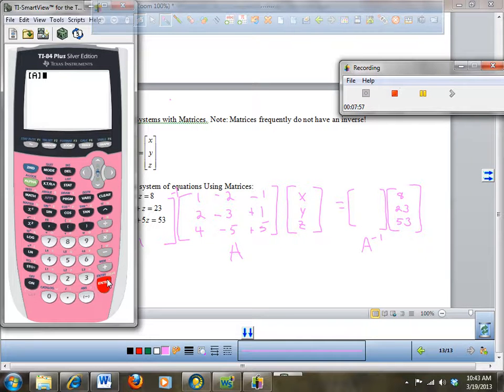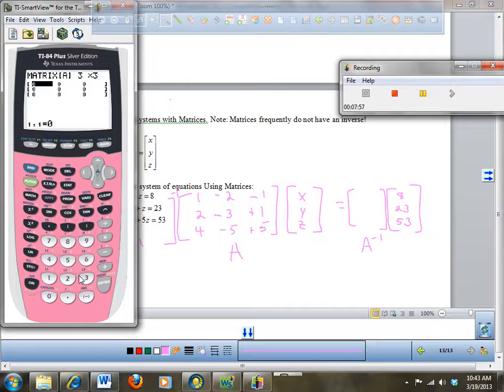And matrix A, whoops, second, sorry about that, I have to edit my matrix. So second matrix, I need to edit matrix A. So you hit enter, and if it's not a 3 by 3, which is what you want, you have to change those numbers to a 3 by 3 matrix, meaning 3 rows and 3 columns, and then you just go down here and you put in those numbers right here.